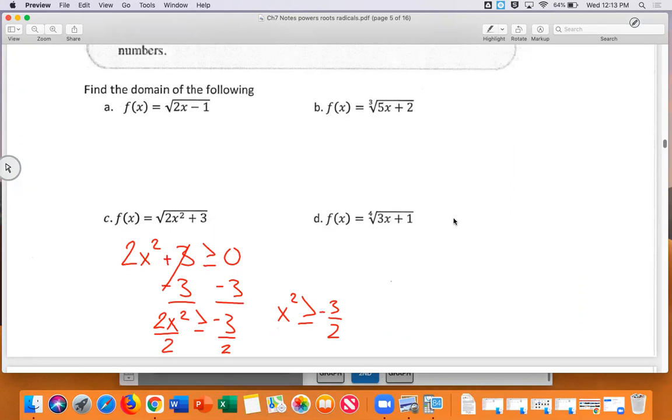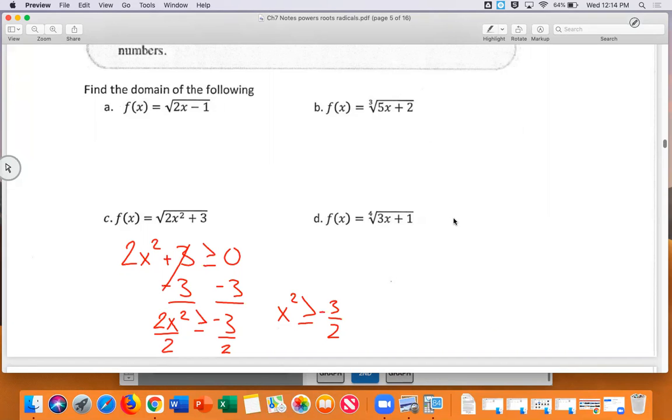But wait a second. X squared, Chris, what type of number is that? When you square a number, you get a number out, right? What type of number is that? A positive number.